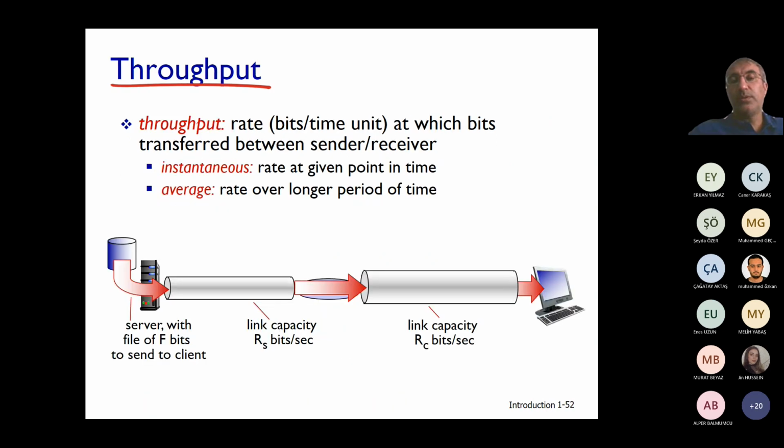We have the throughput. What's the throughput? It's the rate, the data rate at which bits are transferred between the source and destination, the sender and the receiver. This throughput can be instantaneous or it can be averaged over a long period of time.